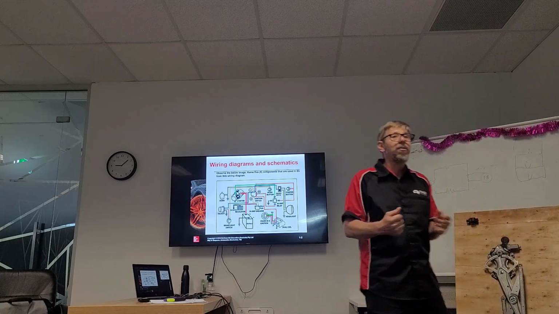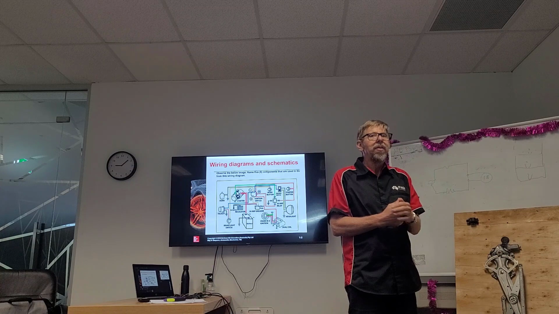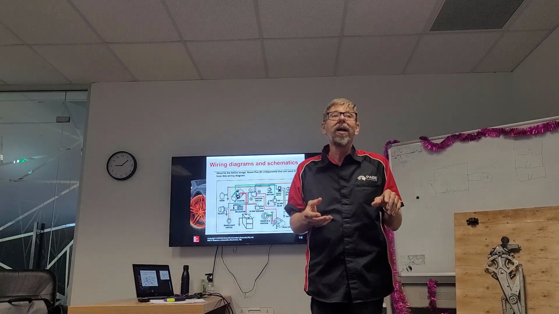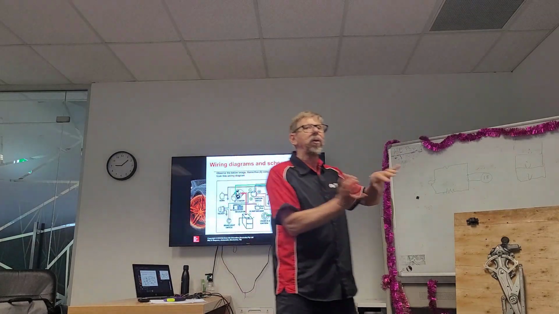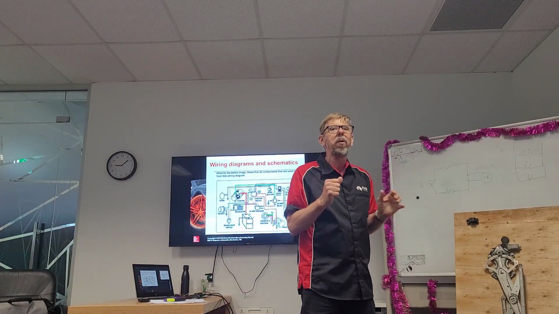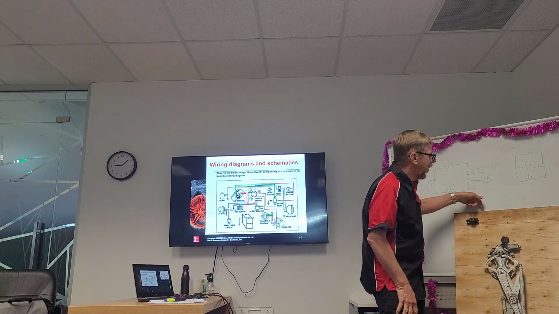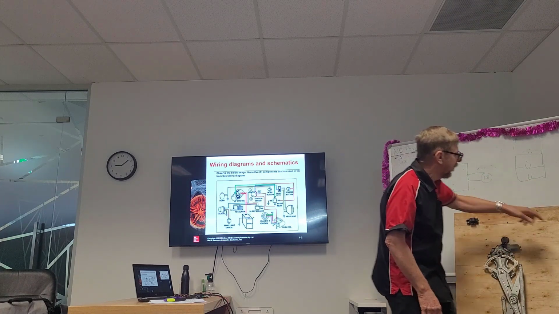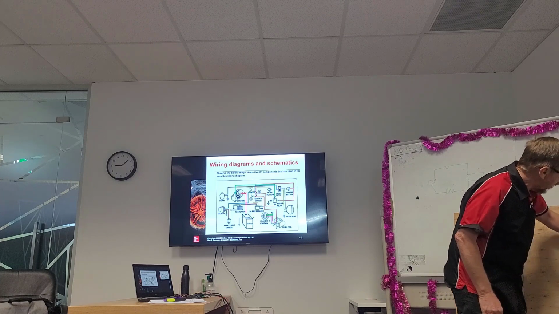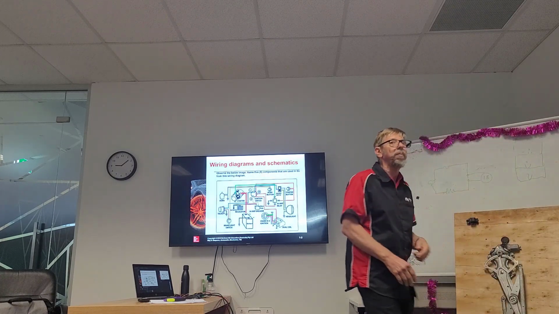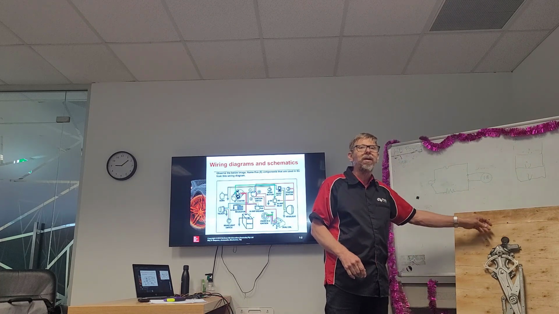So how simple is a circuit like that? This is part of a complete wiring harness in a car, and we've just taken part of that out and put it onto that board to make it a bit simpler. We have a switch as well. See the switch? Behind the board, we've got wires coming from this main wiring harness that go back to the switch, and it powers the switch and it grounds the switch.